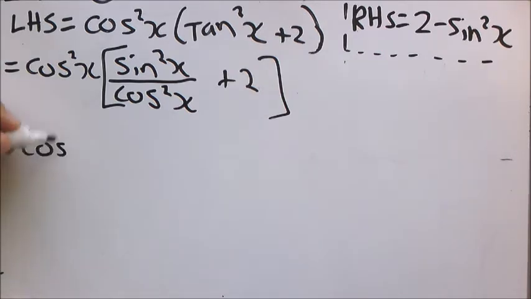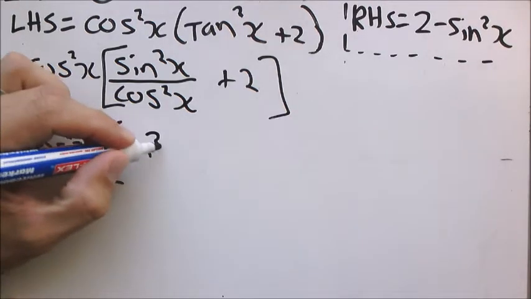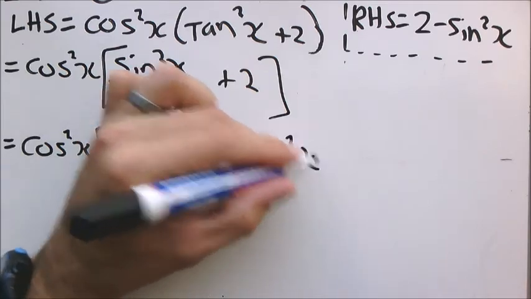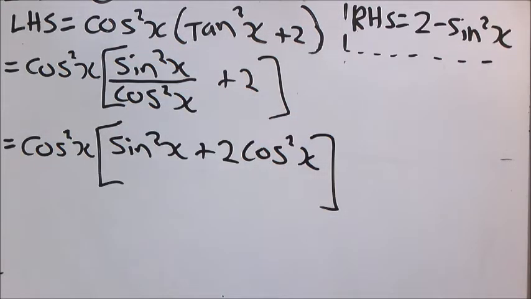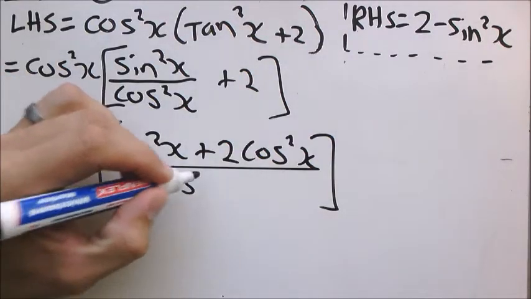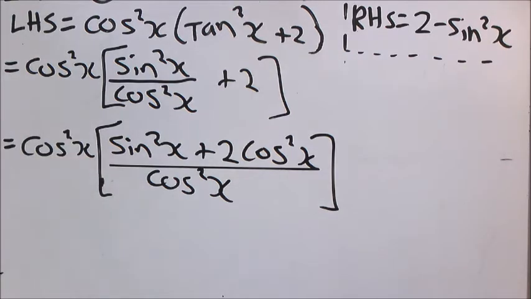So it will be cos squared x bracket sine squared x plus 2 cos squared x, and all of that divided by cos squared x.